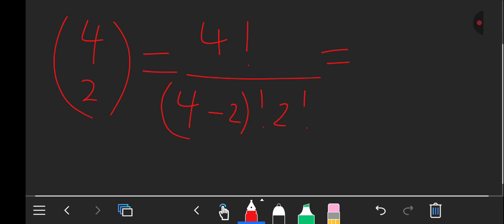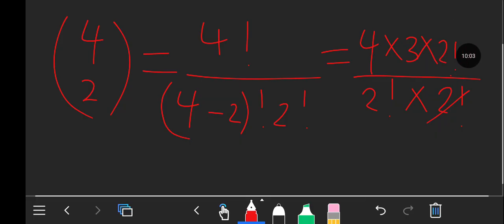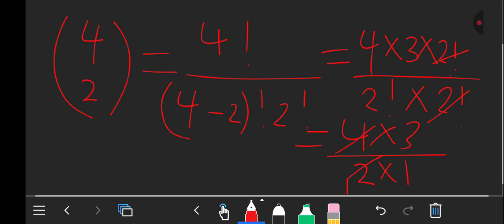So 4 factorial, I can expand this and end on 2 factorial, that is 4 times 3 times 2 factorial, over 4 minus 2 factorial, that is just a 2 factorial there, then multiplied by this 2 factorial. This 2 factorial can cancel with that 2 factorial. So what I'll remain with is 4 times 3 over 2 factorial, which is just 2 times 1. 2 into 2 is 1, 2 into 4 is just a 2.